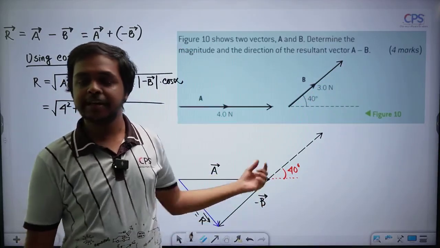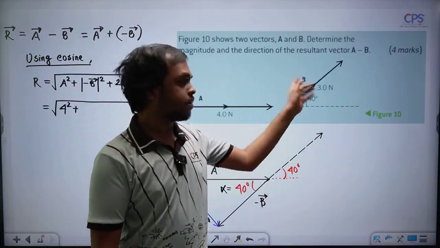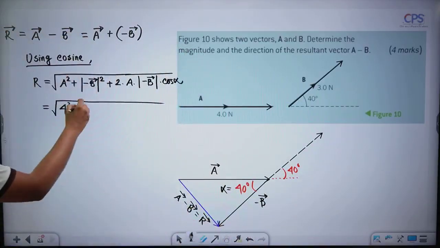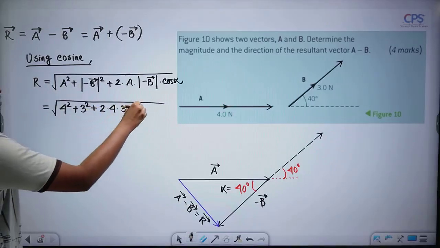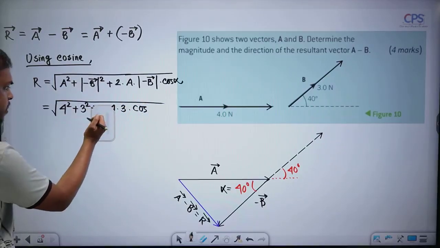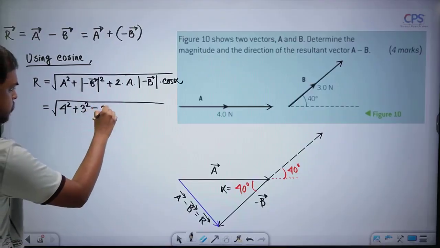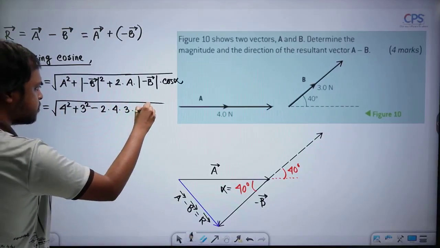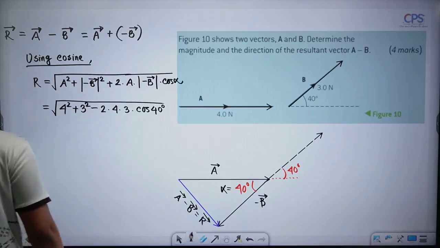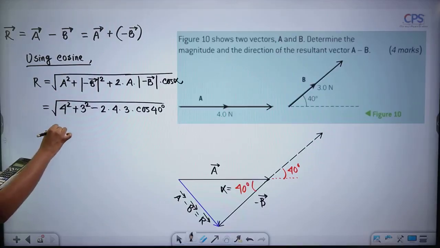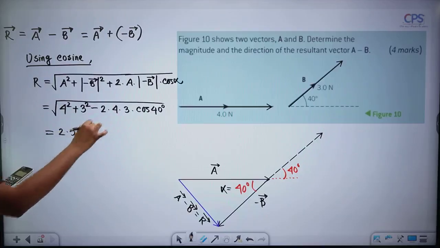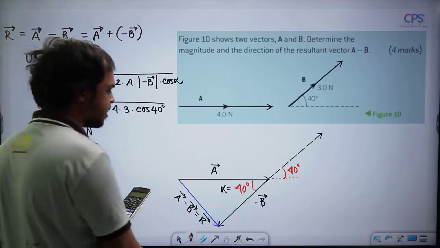The value will be the same, but the direction will be reversed only. So the value remains the same, 3 Newton. 3 square, minus 2 times 4 times 3 times cosine of 40, gives 2.57 Newton. This is the value.